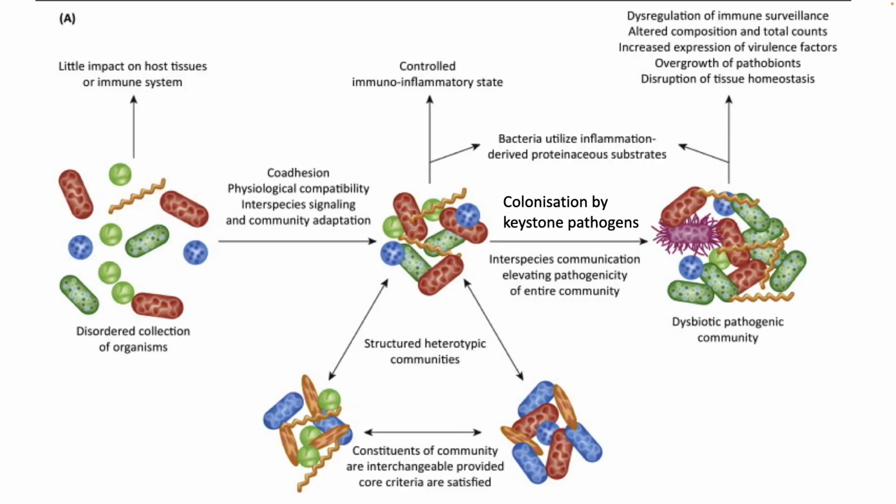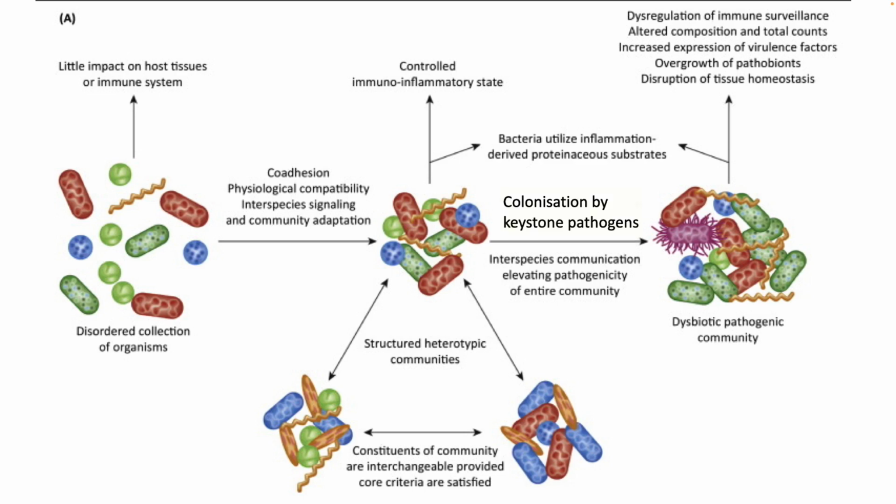So in a case where you have some disorganized bacteria, it has little impact on the immune system. But as they start to work together and share resources, then the body has to combat these bacteria.